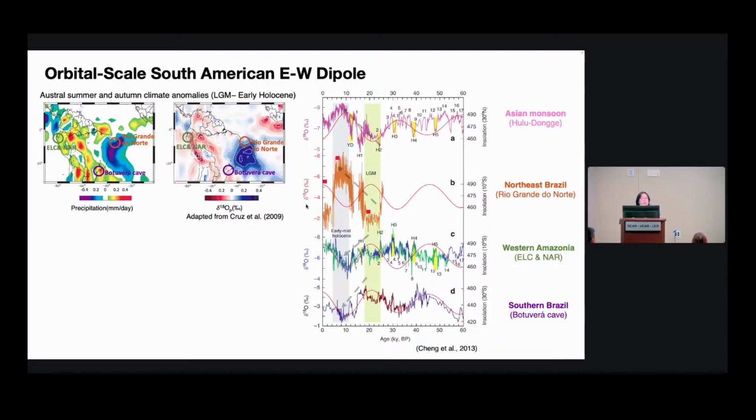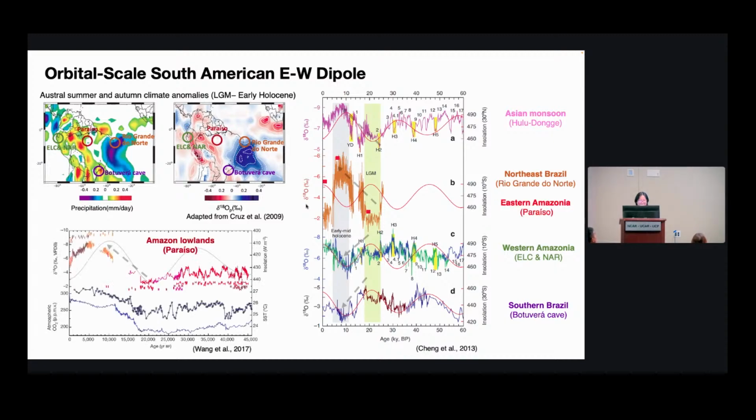Okay, on the orbital scale, the east-west dipole pattern over tropical South America has been reported since 2009, based on speleothem records showing anti-phase behavior between northeast Brazil and the rest of tropical South America, including the western Amazon and southern Brazil.